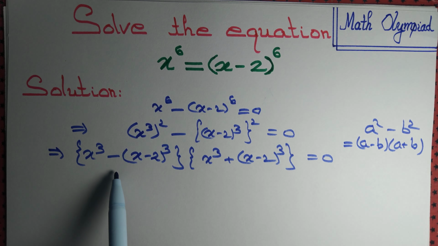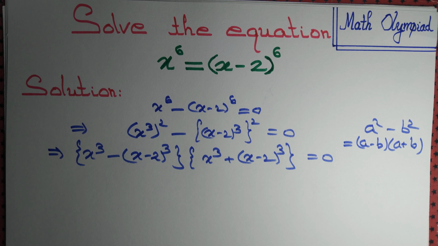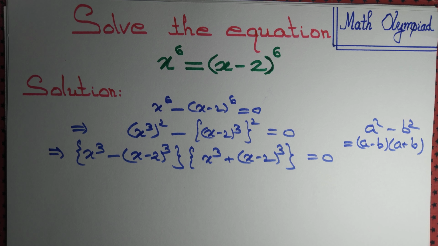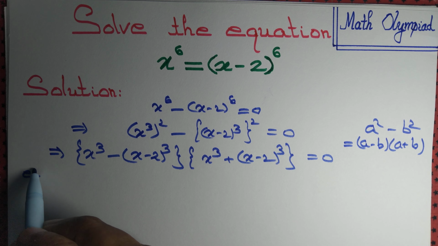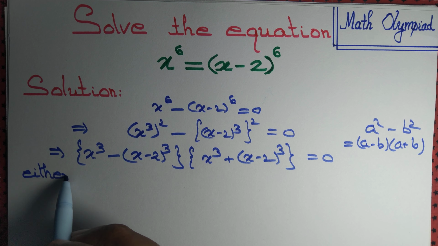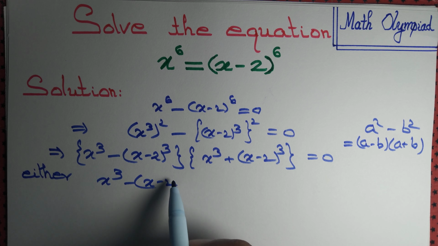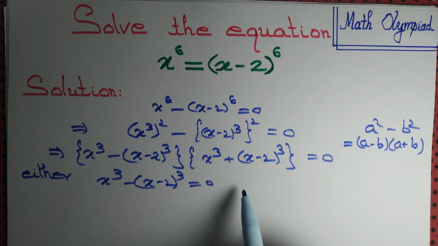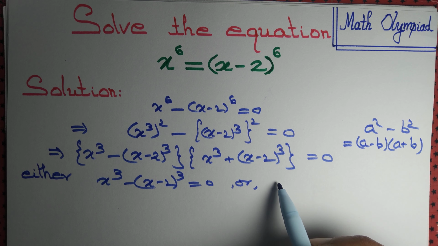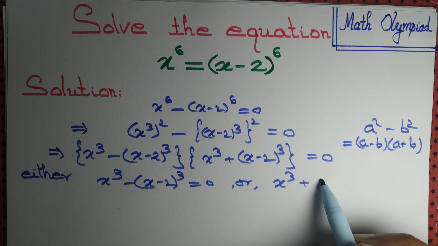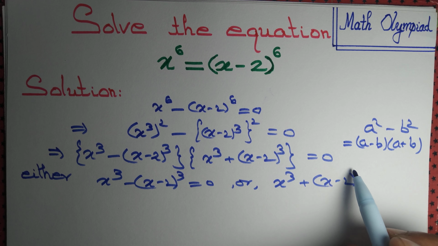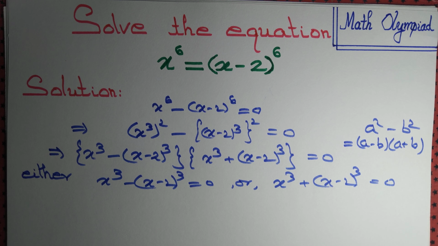But you see you have a product of two numbers equal to 0, then one of them has to be 0. So either x cube minus (x minus 2) cube equal to 0, or x cube plus (x minus 2) cube equal to 0.